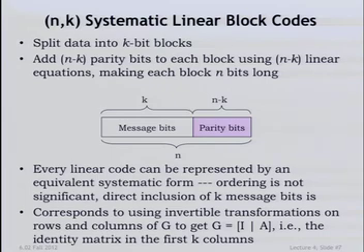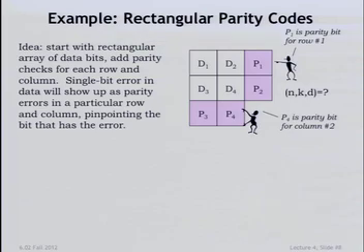So let's look at a specific code that is of this form. Very simple code, referred to as a rectangular code. And you see a particular example on the slide here. So what do we do? We arrange our data bits into a matrix, which could be rectangular or square, depending on what you have.